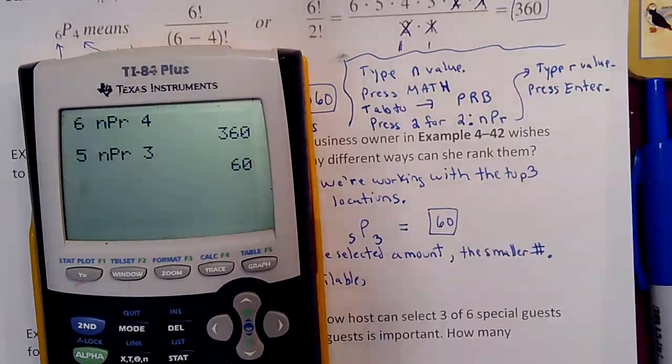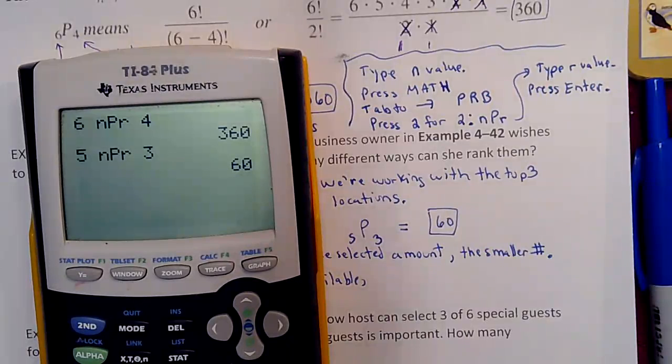Okay, so it works. Now, if you type it backwards, you can get a heads up that you made a mistake, because you'll get something that's not logical. You know you need to have at least one outcome, one result. If you accidentally switch them, I believe you'll get 0.